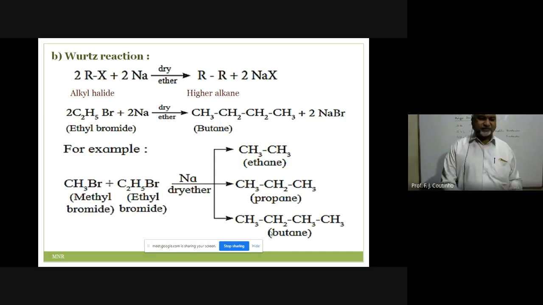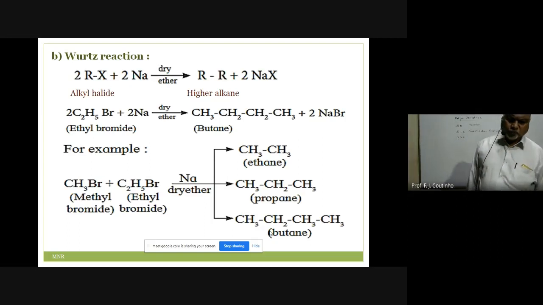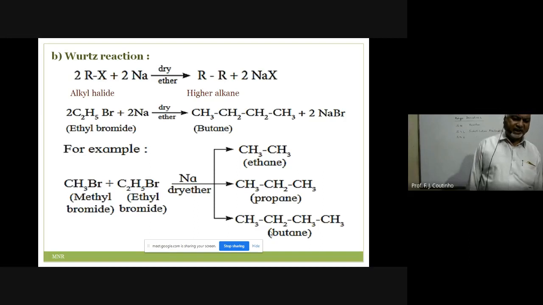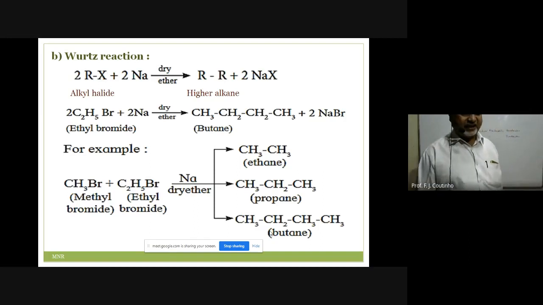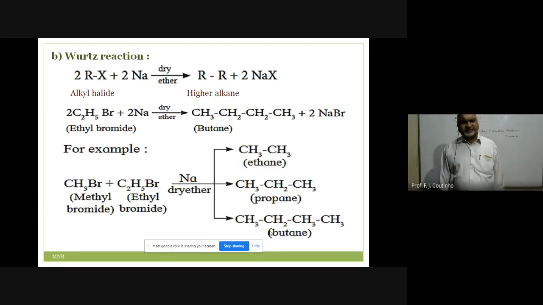Now the reaction which we are studying is the Wurtz reaction. Wurtz is the name of the scientist who invented this reaction. The salient feature is that you start with alkyl halide in excess. So it is taken more than one, that means 2 molecules of alkyl halide, RX, treated with 2 molecules of sodium.